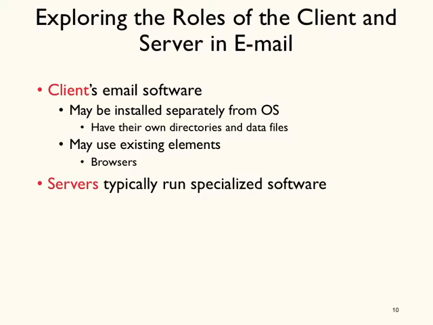Like Outlook, they have their own directories and data files. So if you want to extract or recover some email information from a seized hard disk, you need to find the email software's directory. You have to understand what those files are. That is what we are going to do in the exercise today.